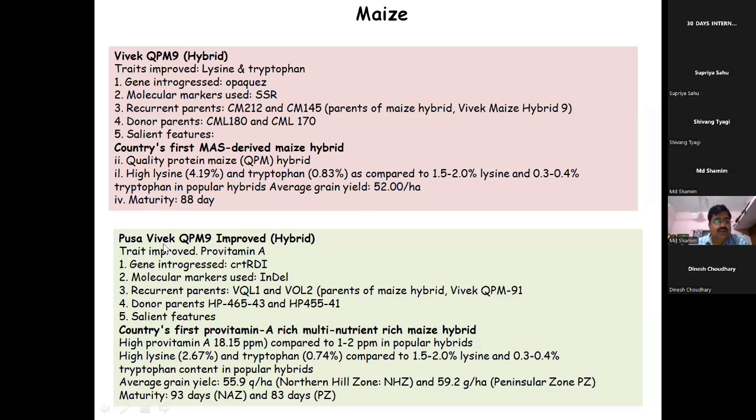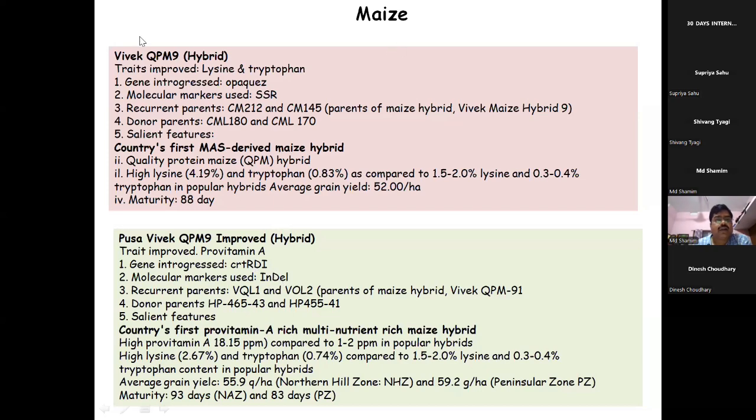And the second one is Vivek QPM 9, and the trait improved is provitamin A, and it has a high provitamin A content, compared to 1 to 2 ppm in the popular hybrids. That means 9 to 10% more provitamin A in these improved varieties.